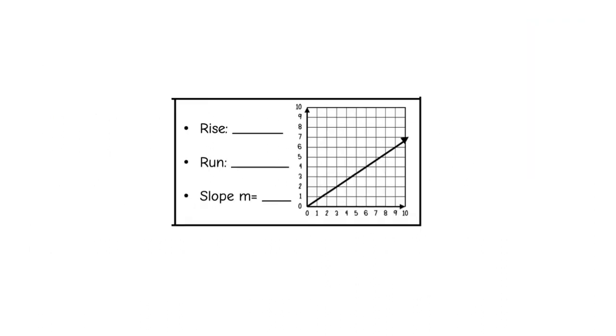So what do I mean by rise over run? Looking at the graph we have here, I need to find 2 points on the line. There's a whole bunch of points on this line, but the easiest points for me to find are ones that go through the little corners of the grid, where they cross perfectly.